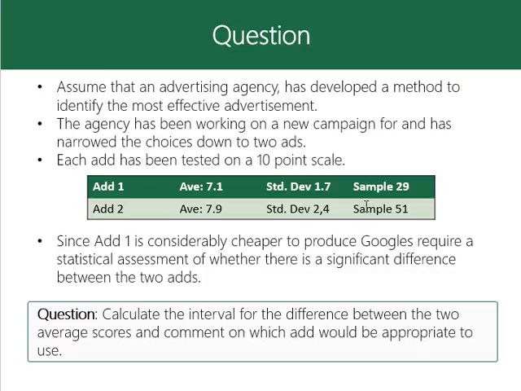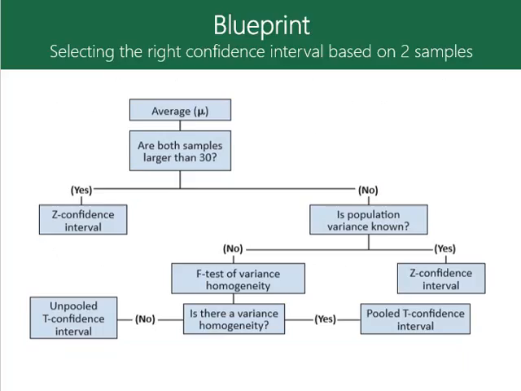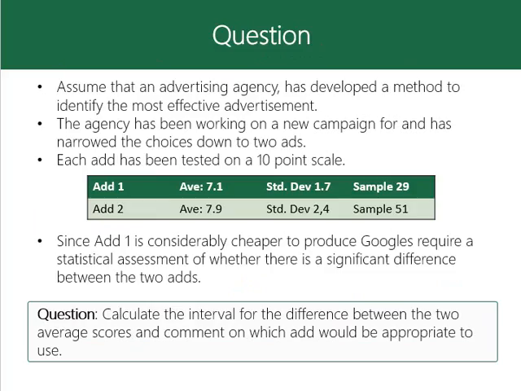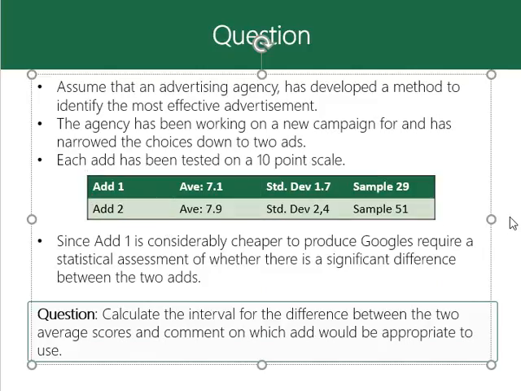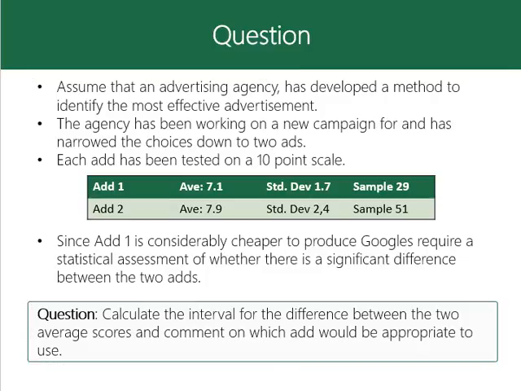So that means that we need to test for variance homogeneity. In simple words, we need to test if the variances of the ratings of ad 1 and ad 2 could be the same, or if they are different. Variance homogeneity just means sameness.